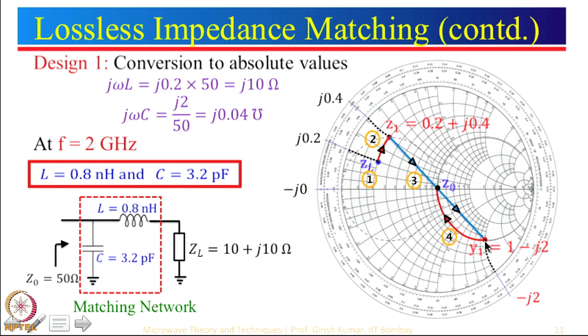Remember, in y whenever we want to add, this has to be in shunt. So we have added in shunt plus j2, which is equivalent to the capacitance which we calculated here, that is 3.2 picofarad. So you can see now 10 plus j 10 ohm has been transformed to 50 ohm.